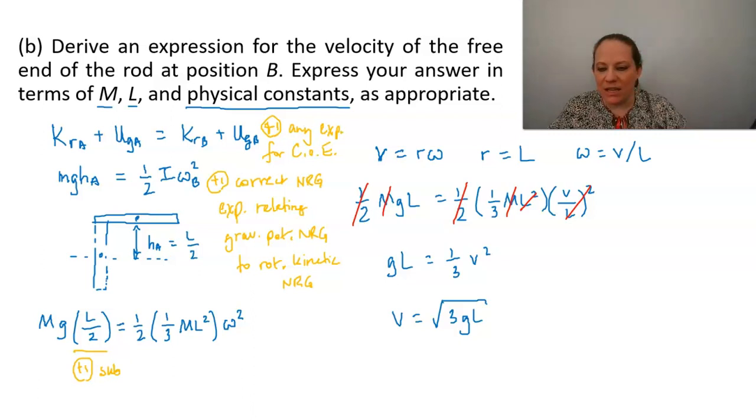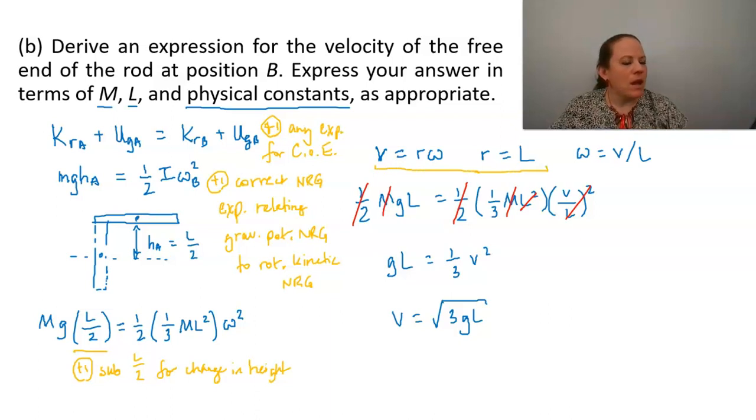For correctly substituting L over 2 for the change in height. And then we're going to get our final point for using V equals R omega with R equals L to solve for the velocity of the end of the rod.